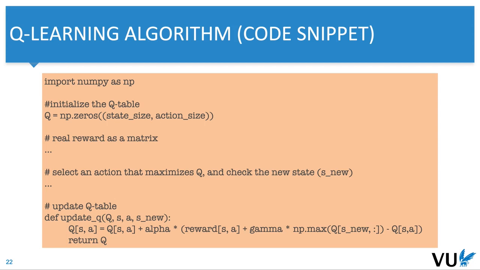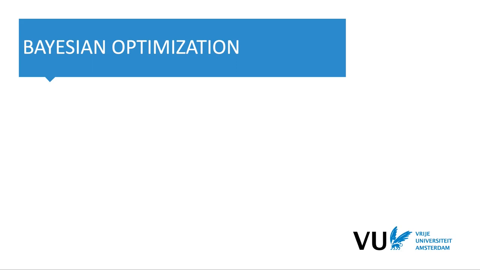So we ask the environment to give us some reward, and then we have the update of our Q table, right? So this is written down what we had on the previous slides. And this is basically that.